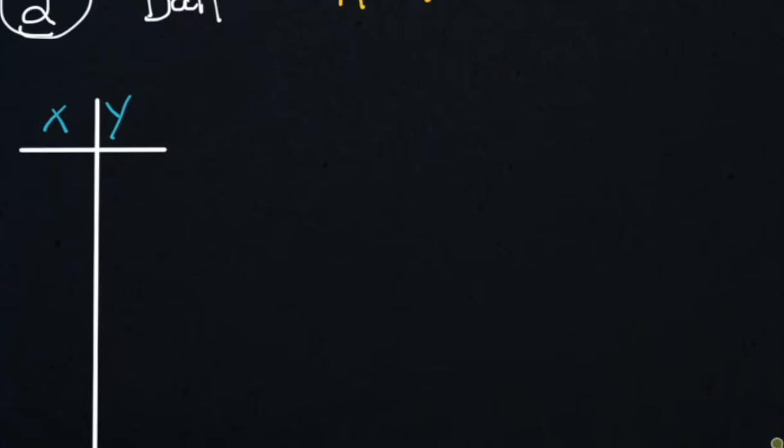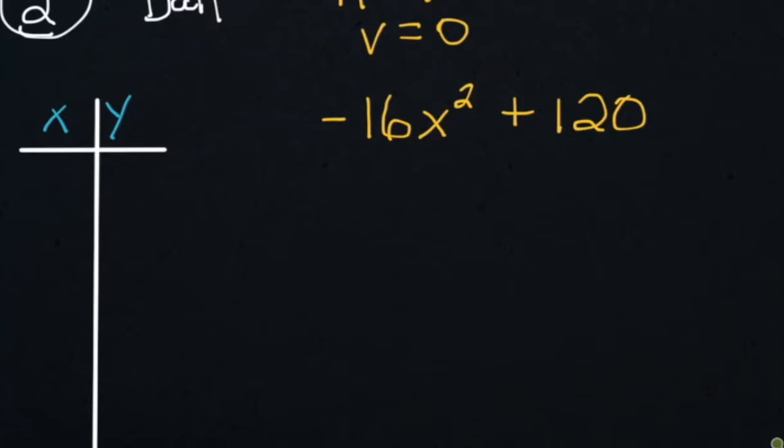Well, what's the velocity? There isn't one. So my v is equal to 0. So I have negative 16 x squared plus the 120. I don't write the v because it's not there. I want to know where it's greater than 56, not just equal to 56. Let's look at the table.